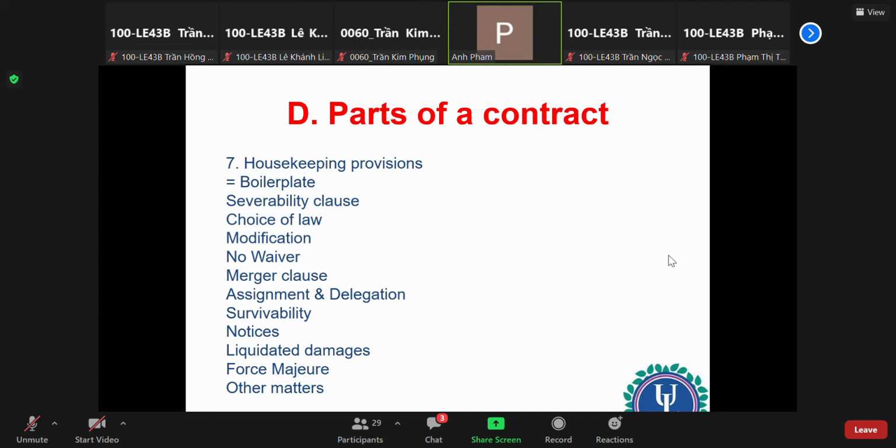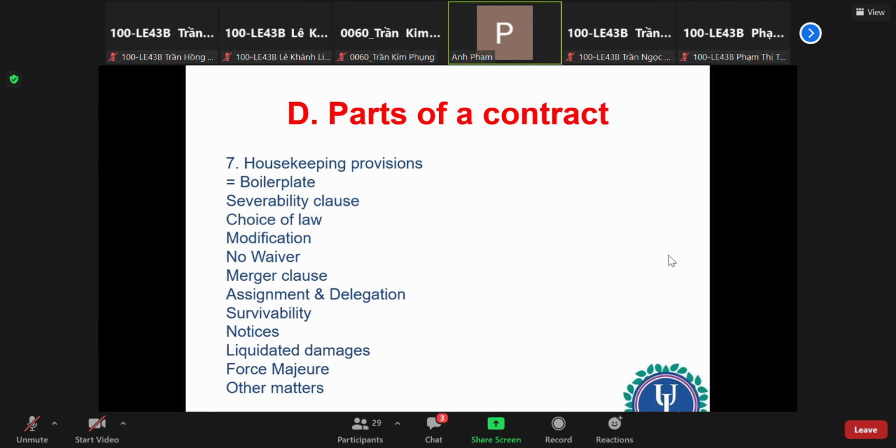The next one is assignments and delegation. As we studied before, assignment is for the transfer of rights, and delegation is for the transfer of obligations.